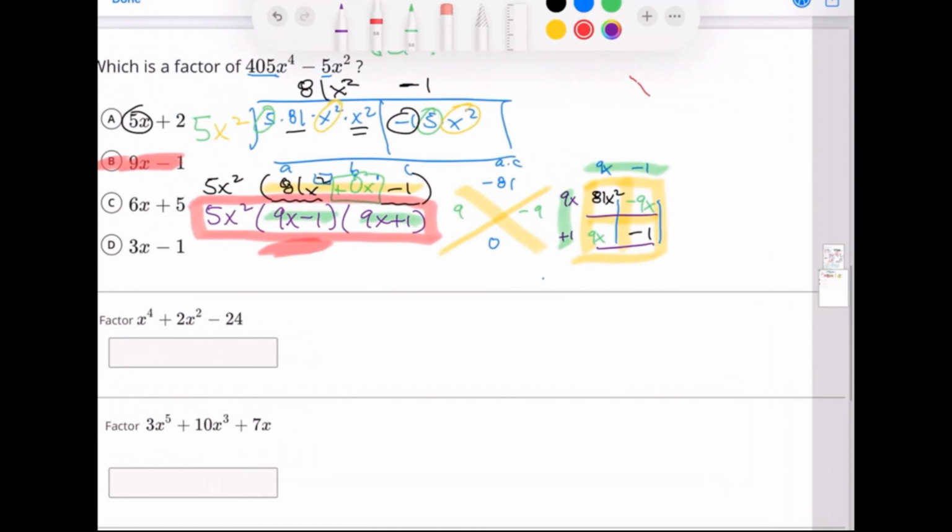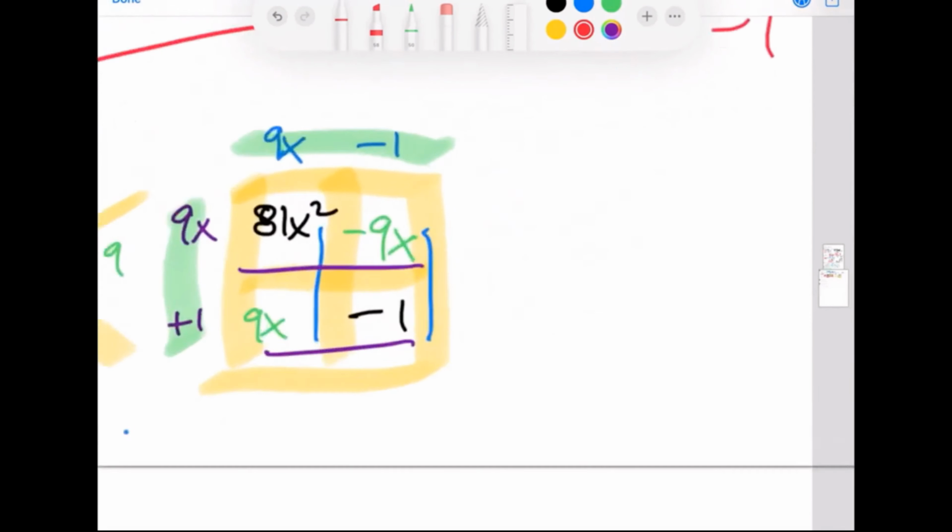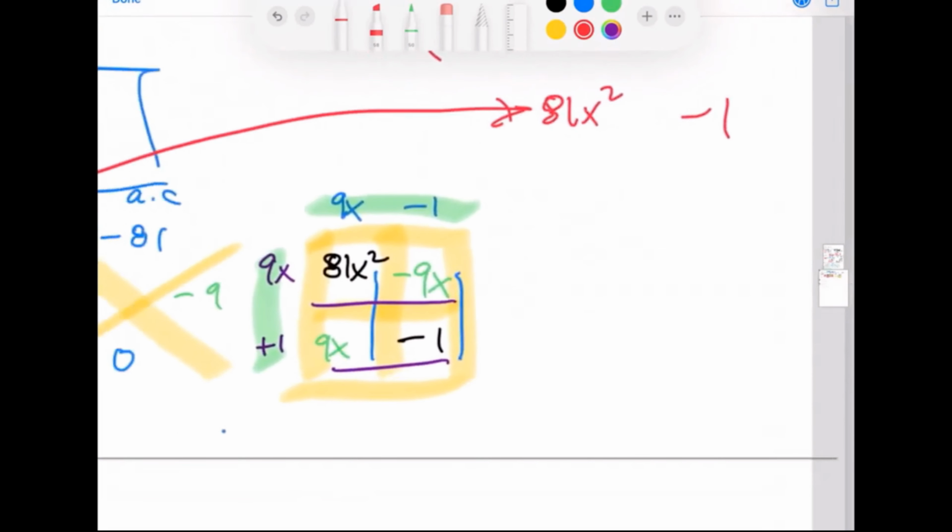How do you do this portion right there with the shortcut? It's called the difference of squares, because you can take the square root of each side. The square root of 81 is 9, and the square root of x squared is x.